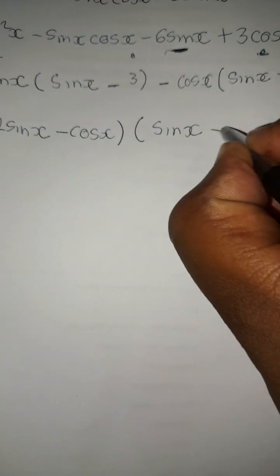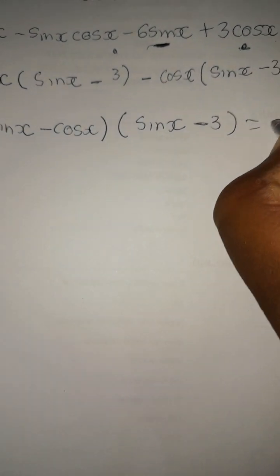It's a grouping. Can you see a grouping? We have 2 sine x minus cos x, and this is common. Sine x minus 3 and sine x minus 3, it's common. So we are going to factorize by grouping. You're going to take sine x minus 3, right?